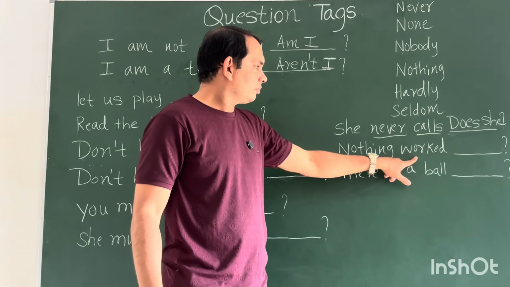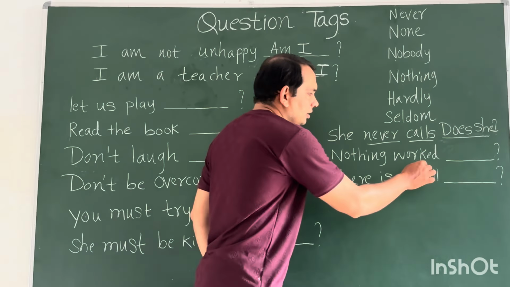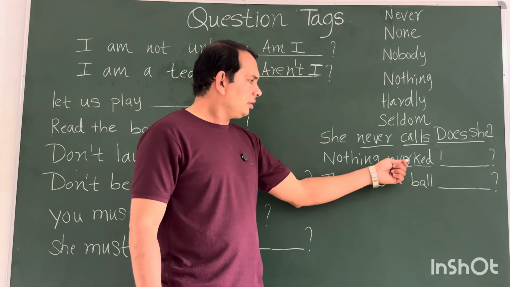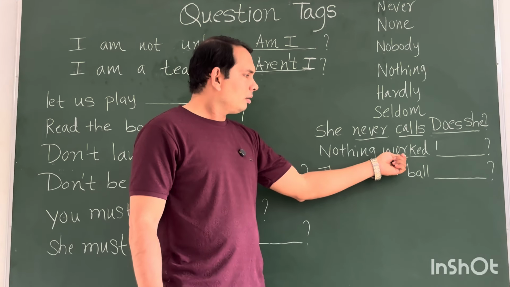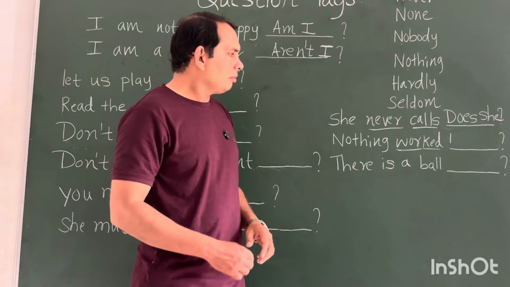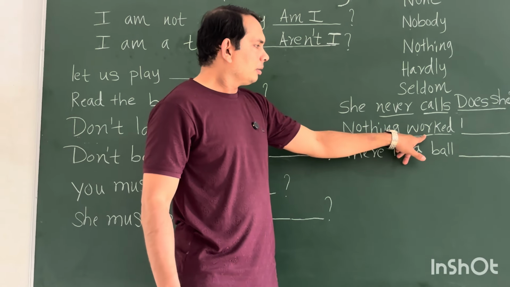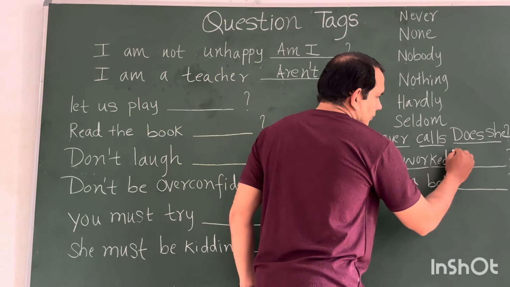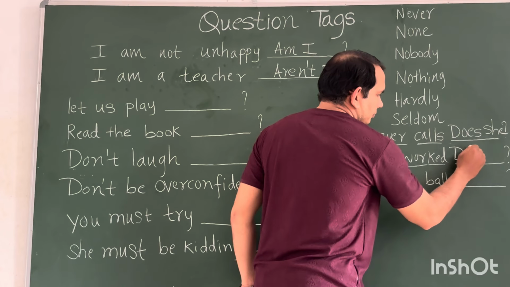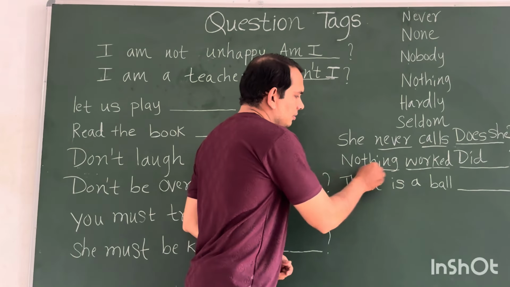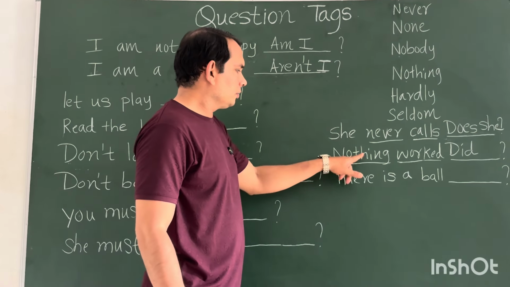Nothing worked. Look at this example. See, this word is in the past tense. This sentence is in the simple past. When the past form of the verb is used, we write did. This is a negative sentence because the word nothing is there.